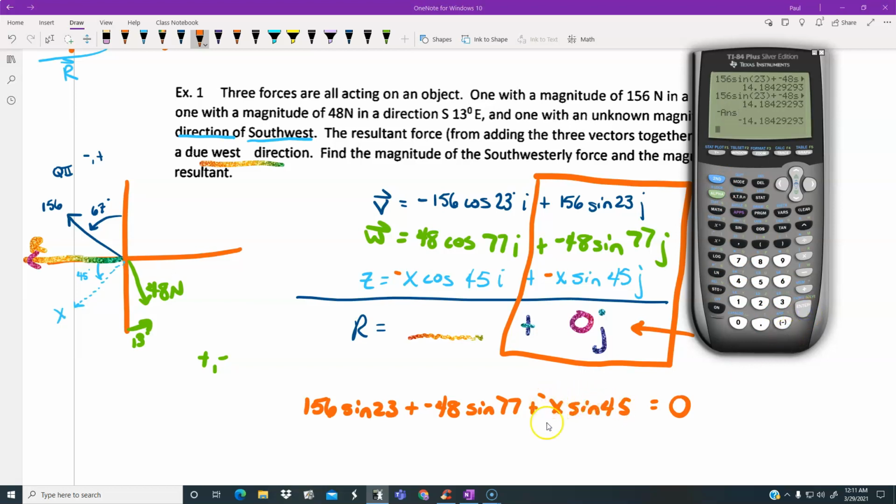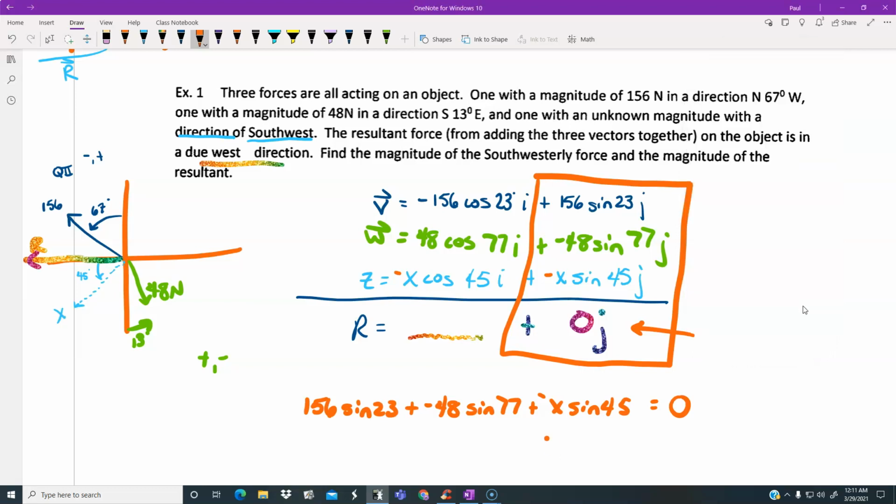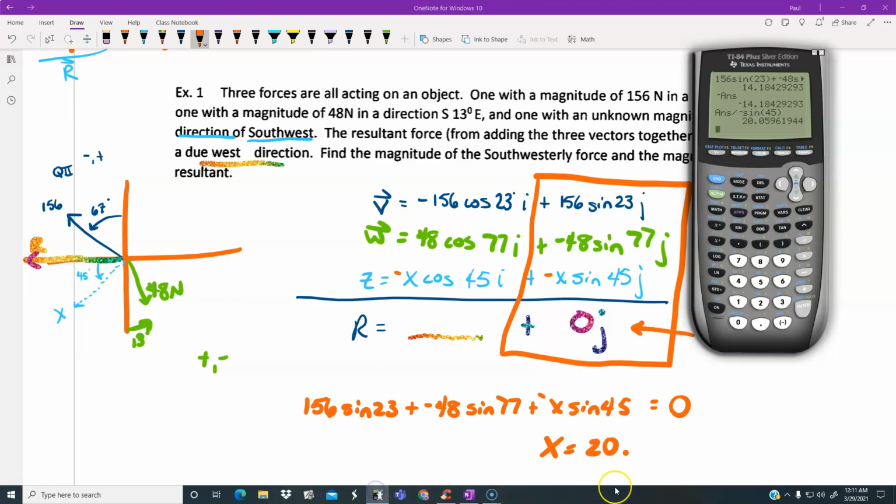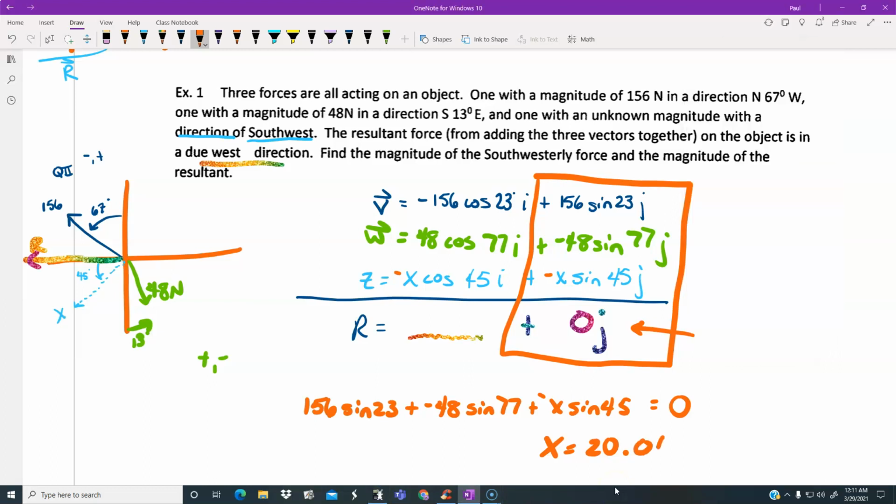Then, if I divided it by a negative sine of 45, it'd become positive again, and I would end up with a positive 20. That is what x is. 20 point something, 20.06. Okay, now what the heck did that mean?